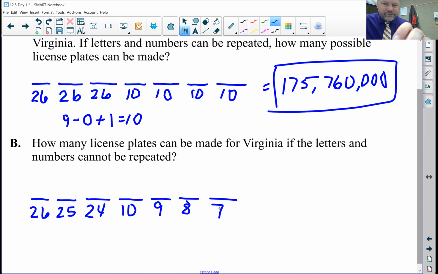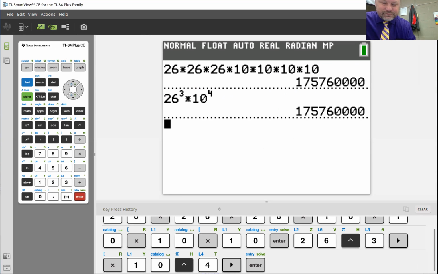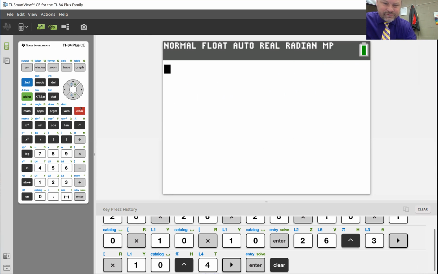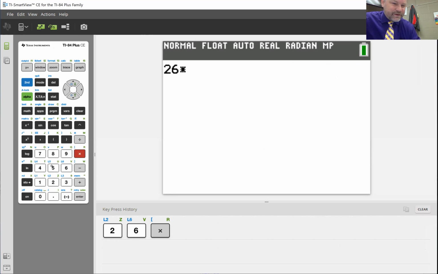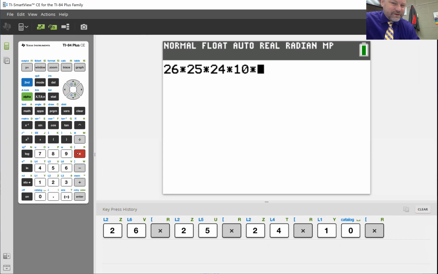So again, I'm going to go to my calculator. Someone's already on top of that. Excellent. So 26 times 25 times 24 times 10 times 9 times 8 times 7.